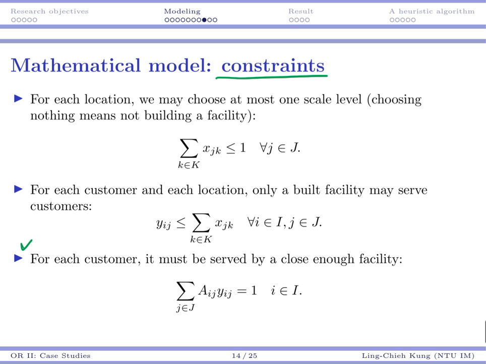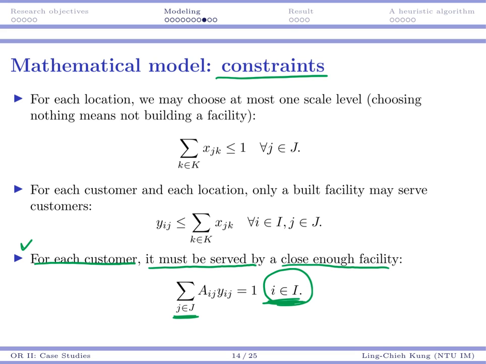Constraint 3, for each customer: a customer must be served by a close enough facility. So for each customer, we take a look at all those facilities.